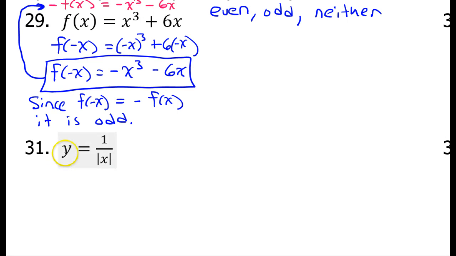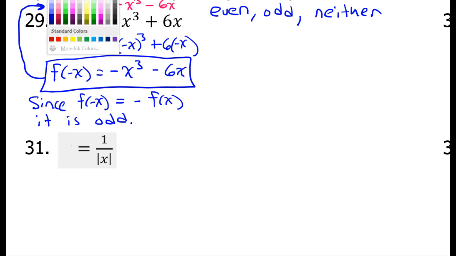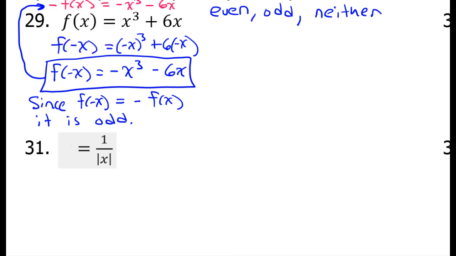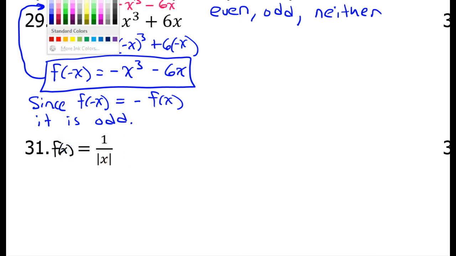All right, number 31. First of all, I'm going to white this out, and instead of y, I'm going to put f of x so it matches what we're doing. So there's the original function.